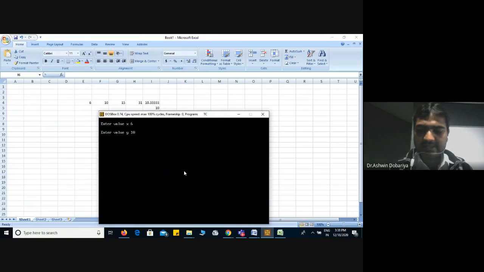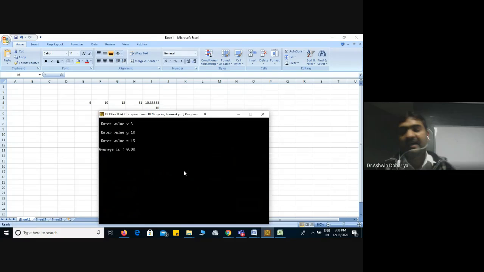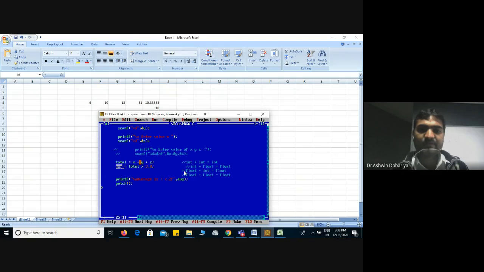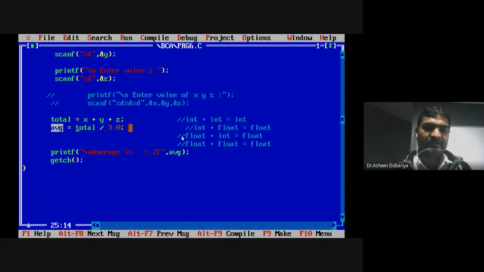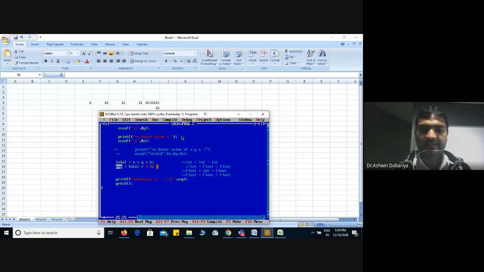6, 10, 15. Again you say, yes sir, the answer is 0.00. These things happen in certain compilers, right? I'll tell you the solution: these things will work in an online compiler.